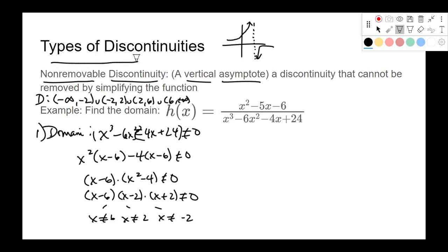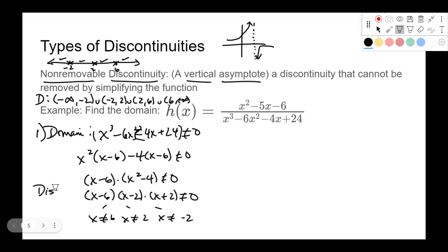You want to see that on a number line, just so that you understand where all these intervals are coming from. I've got -2, 2, and 6. It can't be any of those, but there are 4 intervals there that it could be. That's all of them. Now, these are my 3 discontinuities.